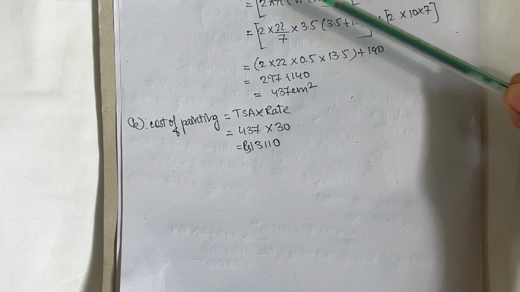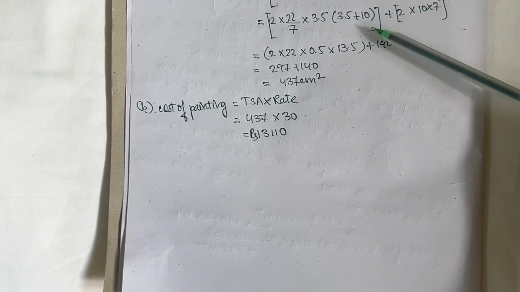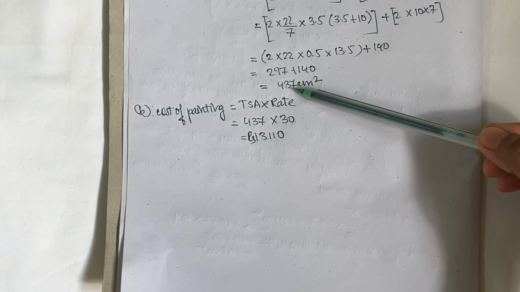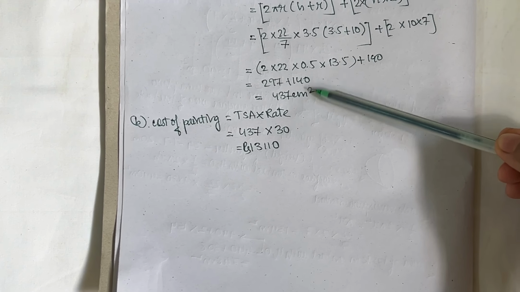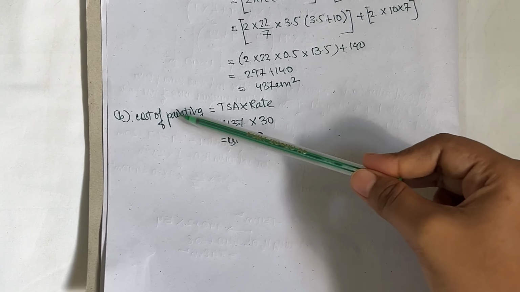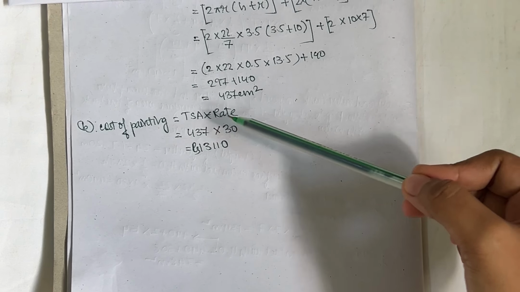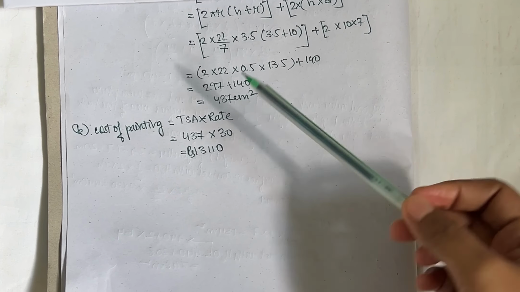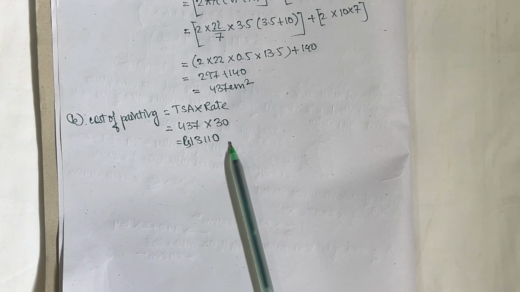Now again we are substituting the values, simplifying and getting 437 centimeter square, that is the total surface area. Now for the part B, it is cost of painting, so that will be total surface area into rate, that is 437 into 30. So we are getting it as rupees 13,110.